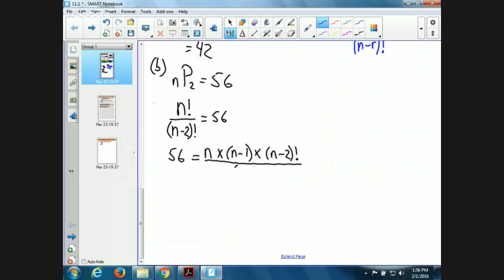And the denominator is (n minus 2) factorial. Hopefully you see at this point you've got matching factors, (n minus 2) factorial.